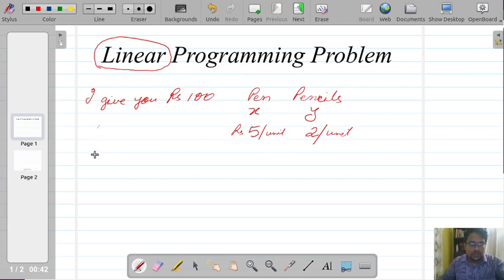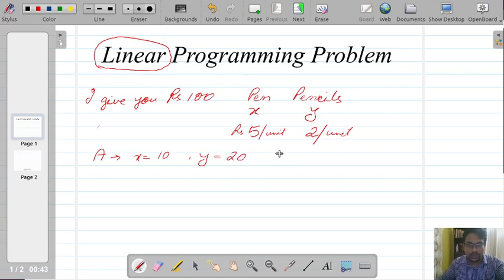Say suppose I give 100 rupees to student A. So he or she comes up with a solution that he brings for me, say, 10 pens and say 20 pencils. What is the amount of money that A has spent?